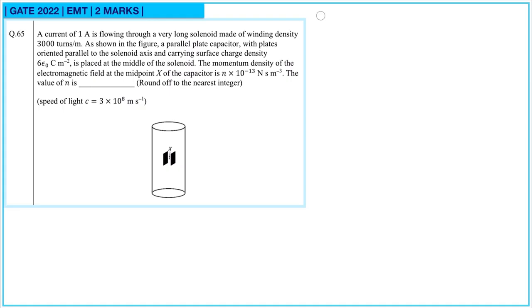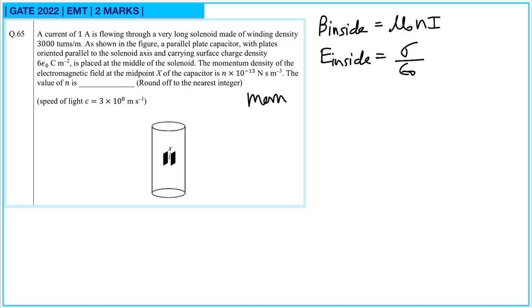Here this is a solenoid, so the magnetic field inside will be equal to mu naught into n I, and the electric field inside that capacitor will be sigma by epsilon naught. Now we have to calculate momentum density. Momentum density, let it be PD, will be equal to 1 by c square into S, where S is the Poynting vector.